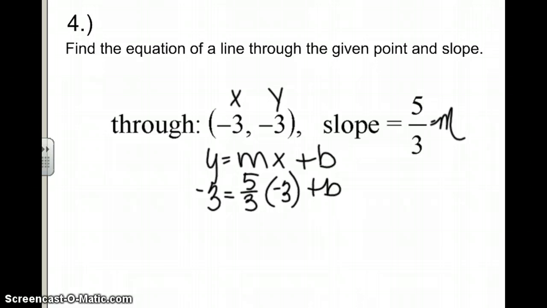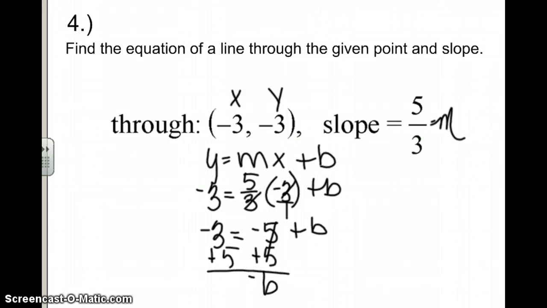Remember that this is really a -3 over 1. We're allowed to cross cancel yet again. So I have -3 equals, be careful here, this is a -5 plus b. Continue solving by adding 5, and b equals 2. Therefore your linear equation is y equals 5/3 x plus 2.